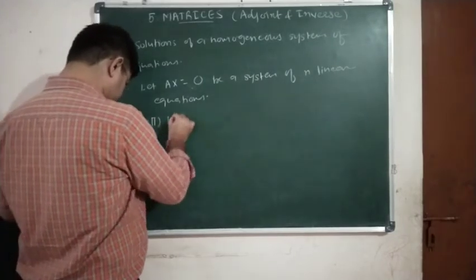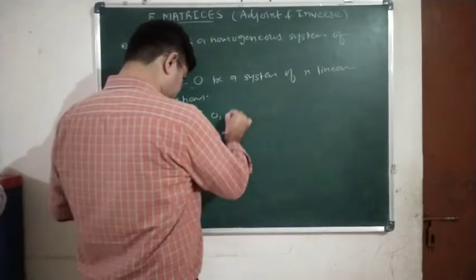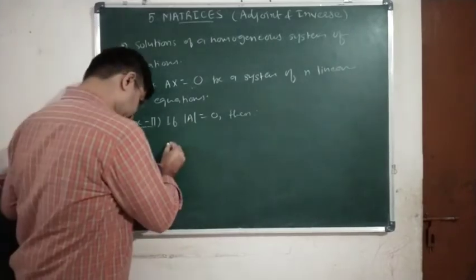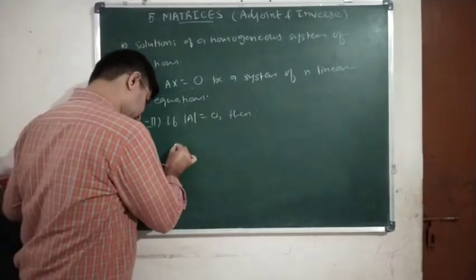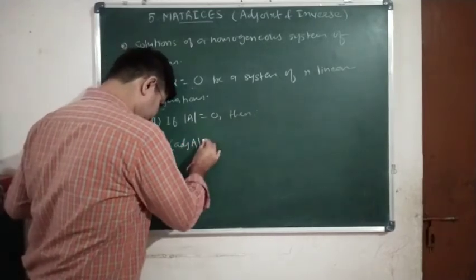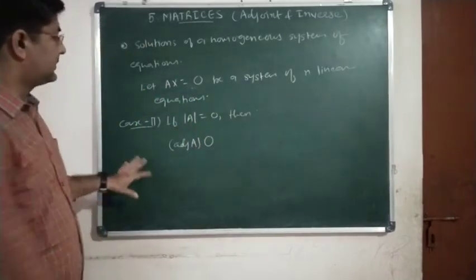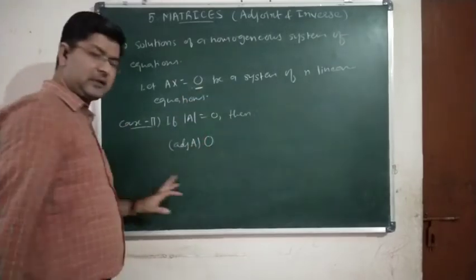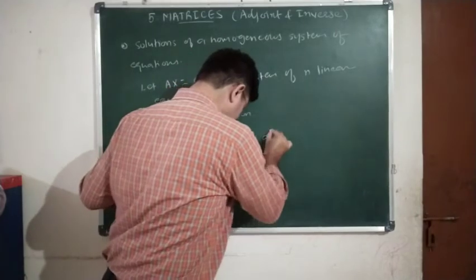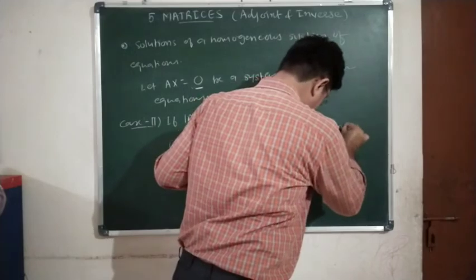Case 2, if determinant of A is equal to 0, yes or no, then what will happen? Then the product adjoint of A into O, because in the equation the matrix B is a null matrix, O is equal to O is always satisfied.